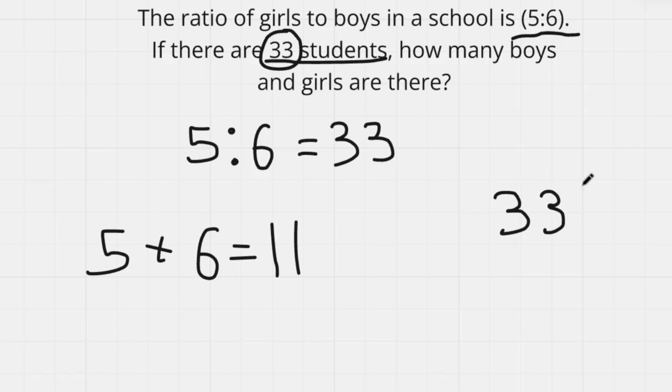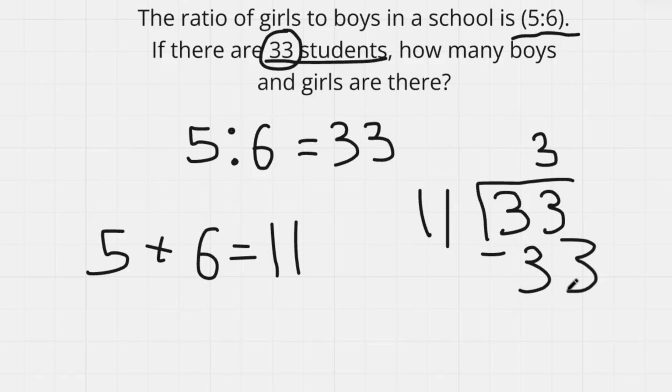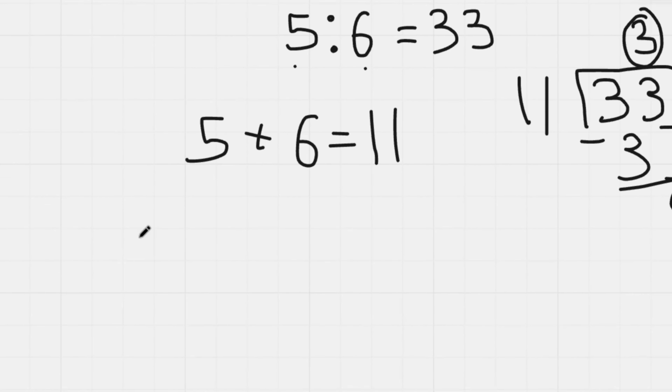So 33, we're going to do the long division method. 11 goes into 33 3 times. 33 minus 33 equals 0. So 11 times 3 equals 33. Next, we multiply 3 right here by the ratios of the girls and the boys. So first we have 5, so 3 times 5 is very simple, that would be 15.